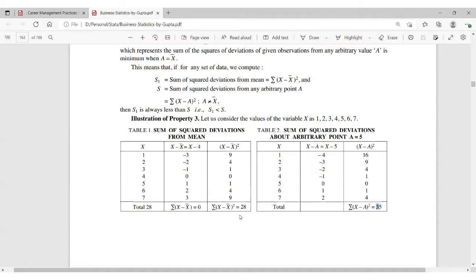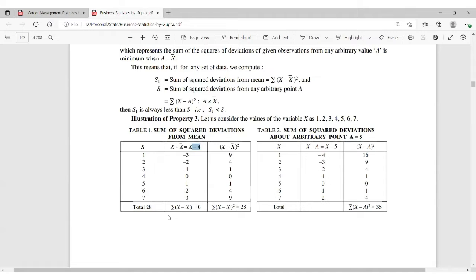The mean is always 4 in this case, right? Because the total is 28. You can take any other number than the mean, either less than the mean or more than the mean.